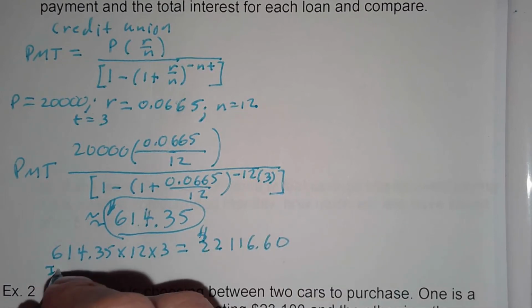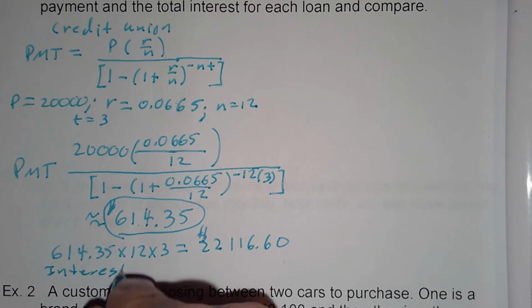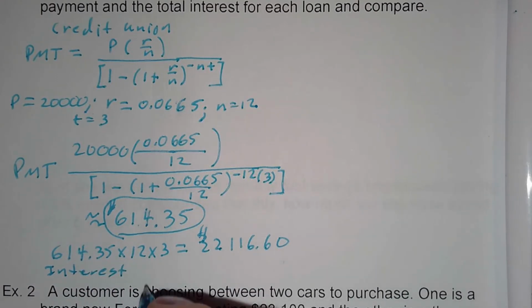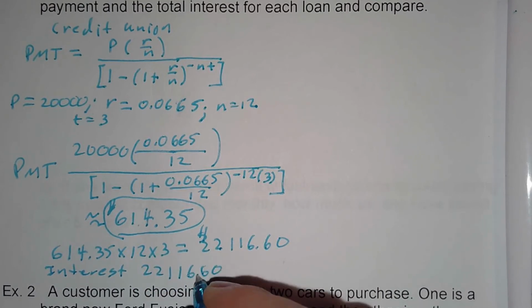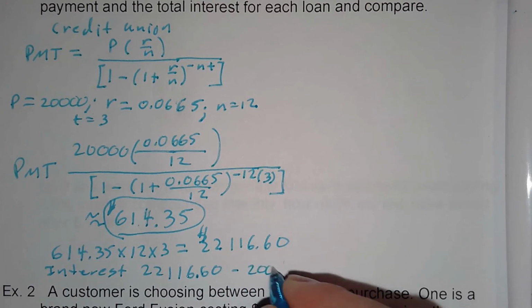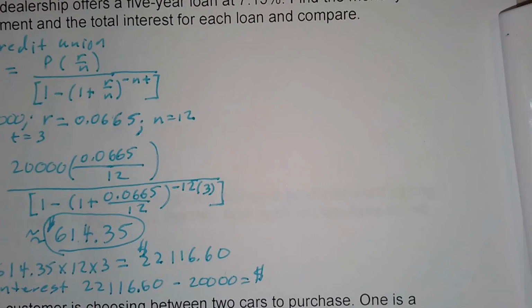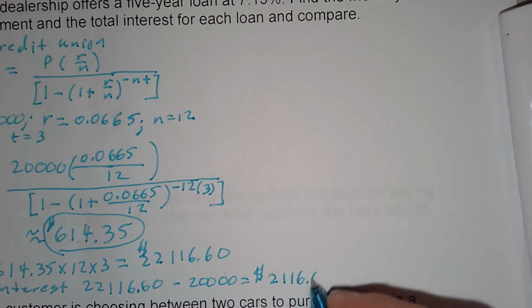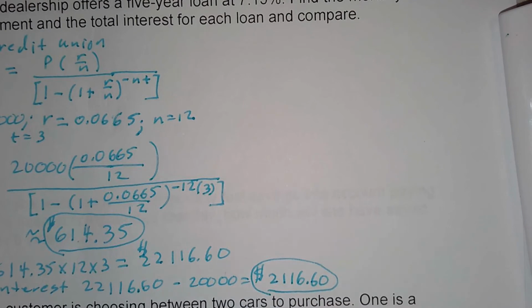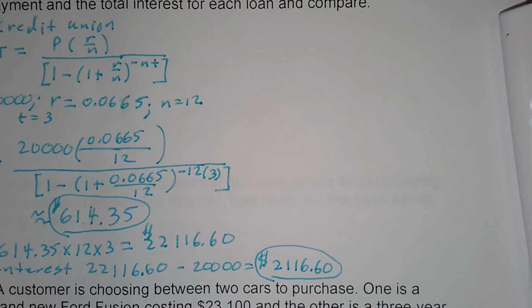So the interest will be just that amount minus 20,000. And they didn't give us enough room here on this problem. So by getting that loan, the total interest for that 3-year loan would be $2,116.60.